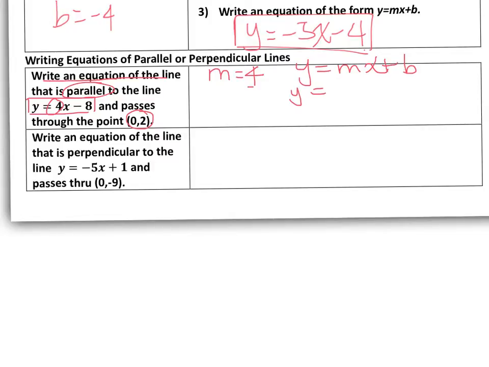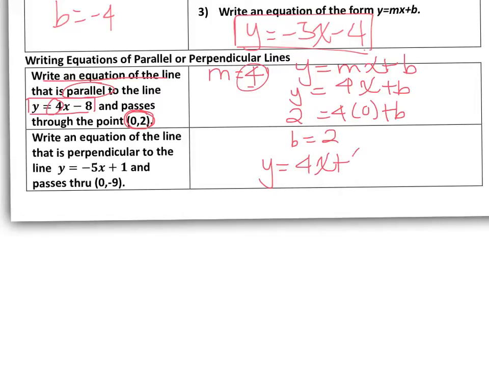I sub in 4 for m. And I want this line to go through this point, so I could substitute 2 for y, 0 for x, and I get b equals 2. And I can write my equation. Y equals 4x plus 2.